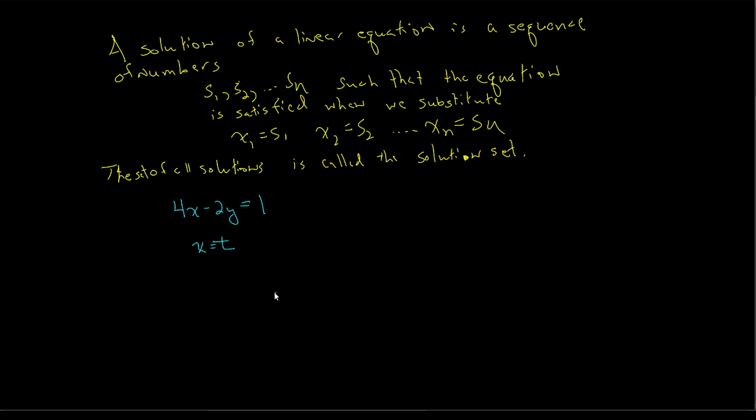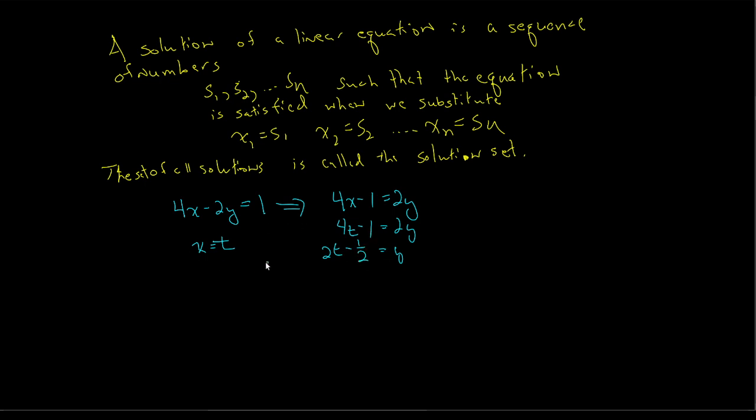We're going to make it a parameter. And if we plug this in, then we can find y. So I'll do some rearranging. 4x minus 1 equals 2y. And so 4t minus 1 equals 2y. So y equals 2t minus 1/2.